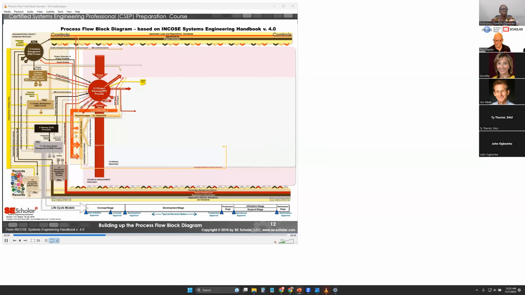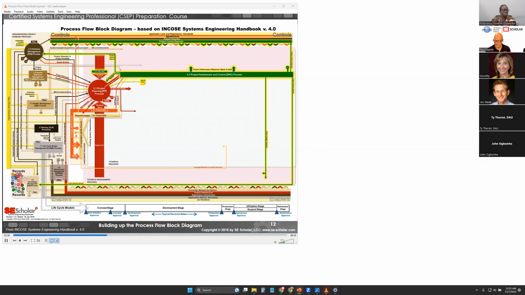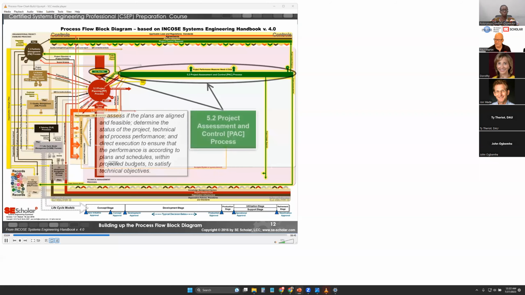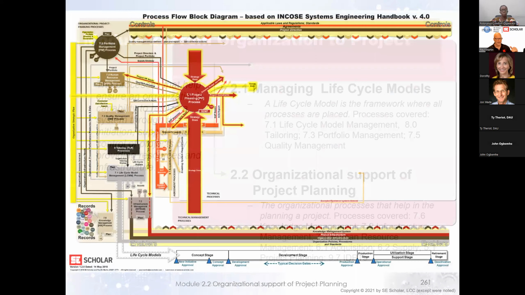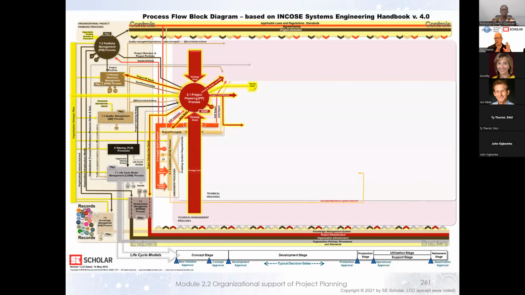Okay, let me start the slideshow from the current slide and see if it works. So we covered module 2, and that was life cycle models. This is as far as you got as you watched the videos.